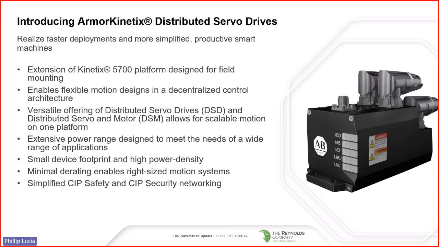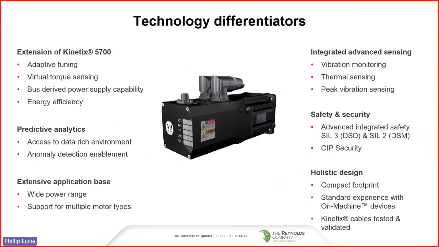Here's a brand new product in the Kinetics family, Armor Kinetics distributed servo drives. This was just introduced, and this is an on-machine servo drive platform based on Kinetics 5700 and offering the same great advanced features in a new form factor with some serious advantages. I'm not going to have time today to get into all the details of this product, so feel free to pause if you're watching this recorded and reach out to myself or your account manager if you have any questions or see anything that catches your interest.